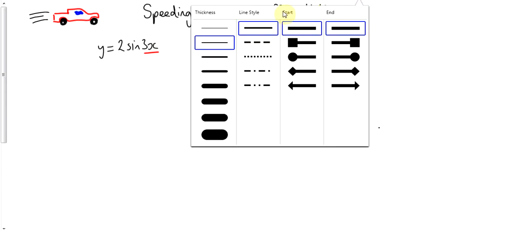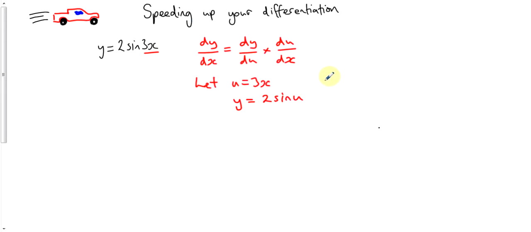Now, from that, we can get du by dx as 3, that's differentiating that, and dy by du, very easy to lose track here, you've got to keep track, would be equal to 2 cos u.